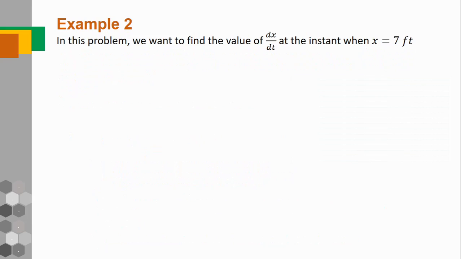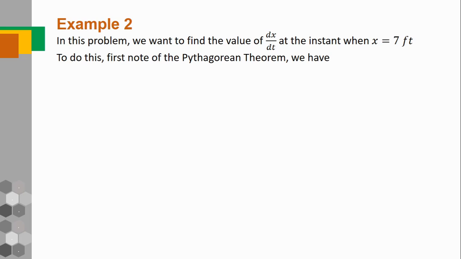In this problem, we want to find the value of dx over dt at the instant when x equals 7 feet. To do this, first note the Pythagorean theorem.